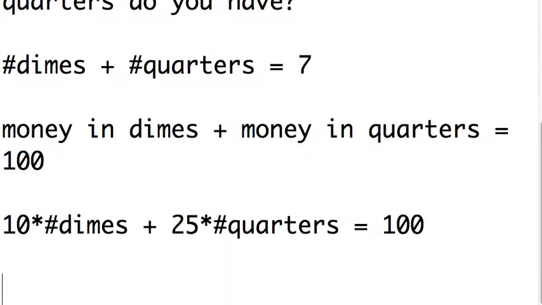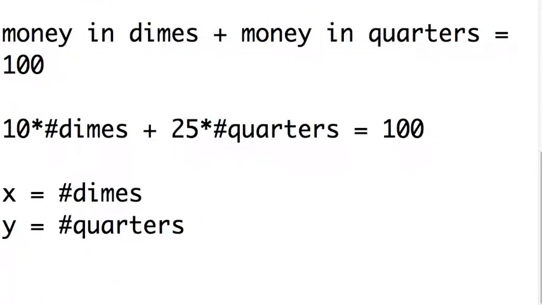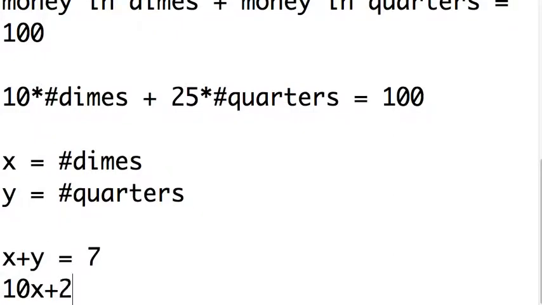And those are unknowns. So let's let x be the number of dimes we have, and y equal to the number of quarters we have. And now we're going to solve the linear equation. x plus y is equal to 7, and 10x plus 25y is equal to 100. Again, this says that we have x dimes, y quarters, and the total number is 7.